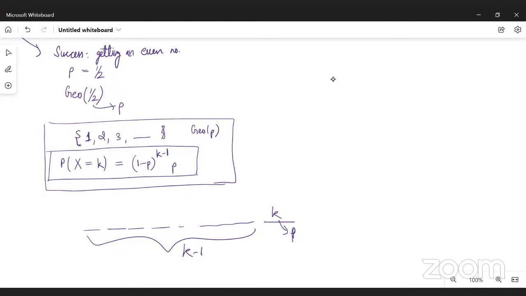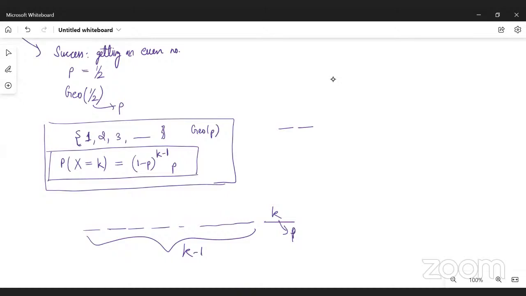So this is how we have derived it. In the geometric distribution, we are finding the number of trials. But are these trials similar to binomial, anything which has only 2 outcomes?